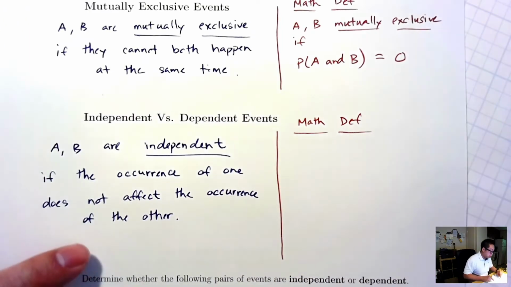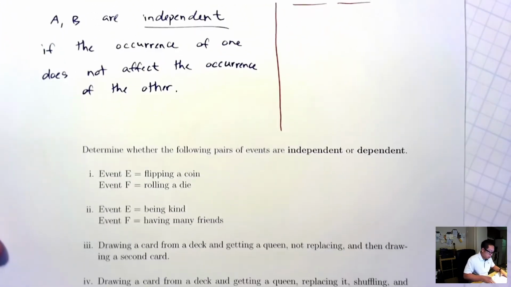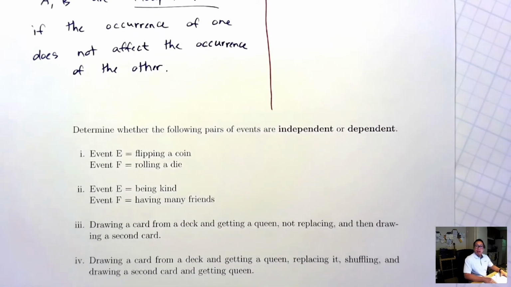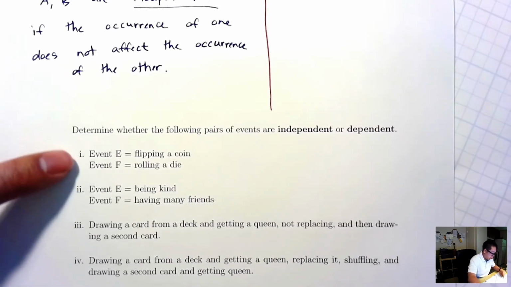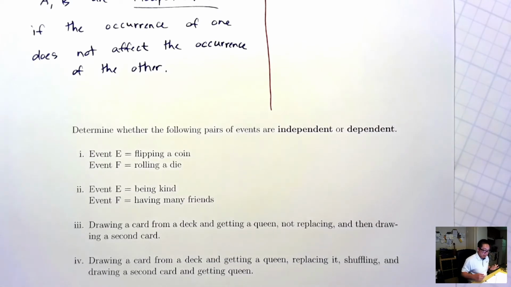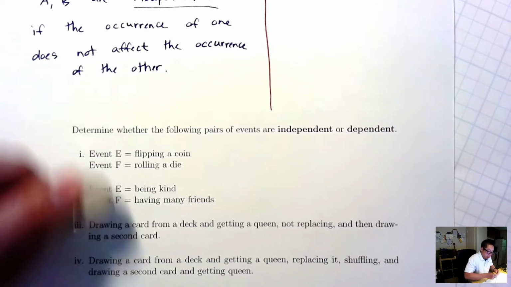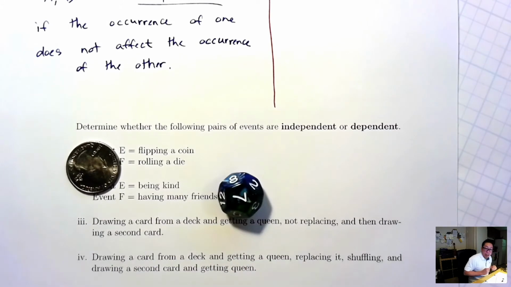So let's first use the word definition to talk about some examples. Determine whether the following pairs of events are independent or dependent. Okay. First example here. Flipping a coin, rolling a die. So here's a coin. Here's a die.